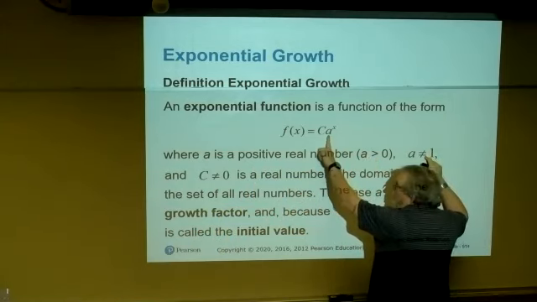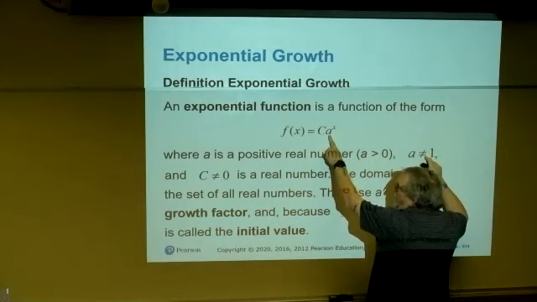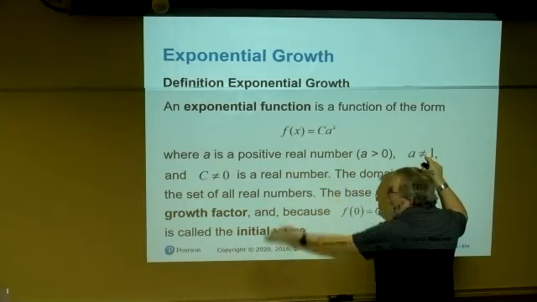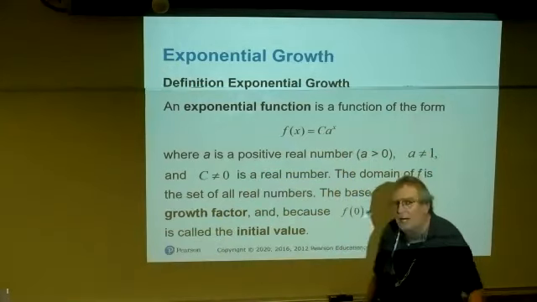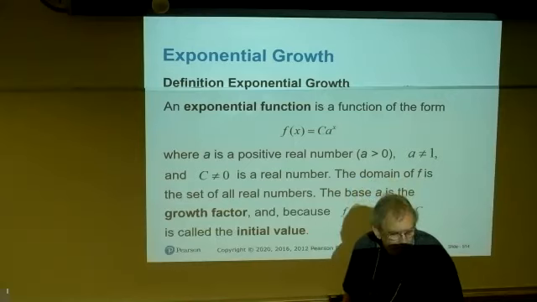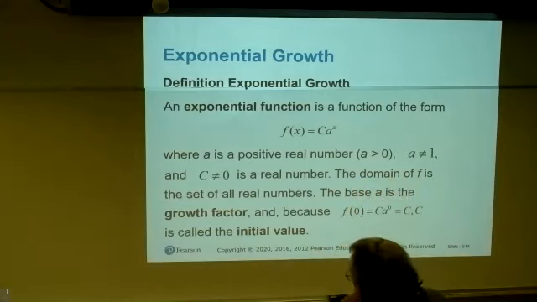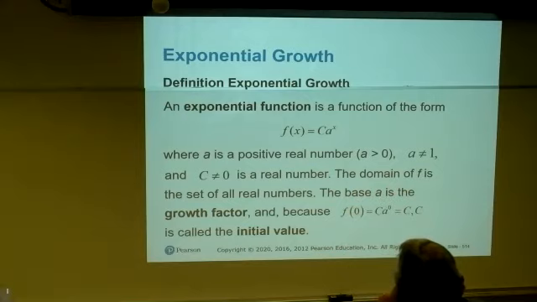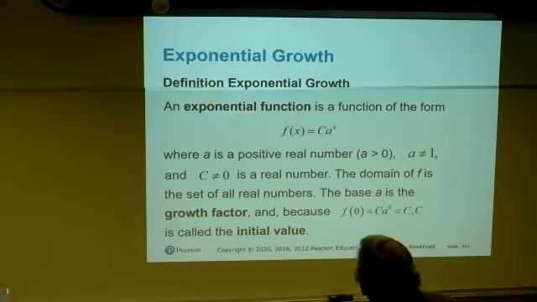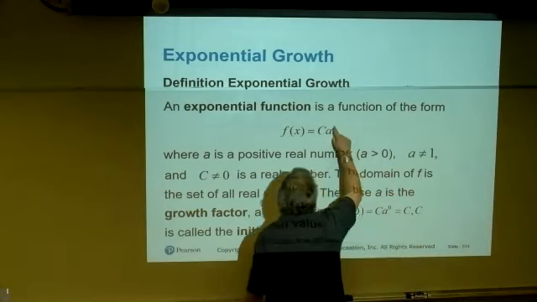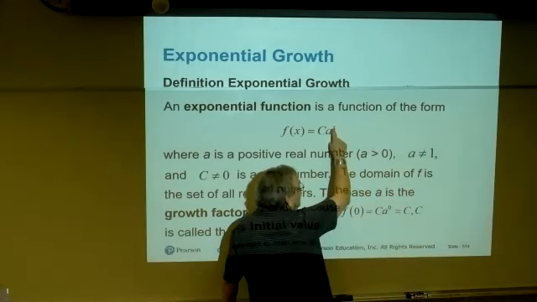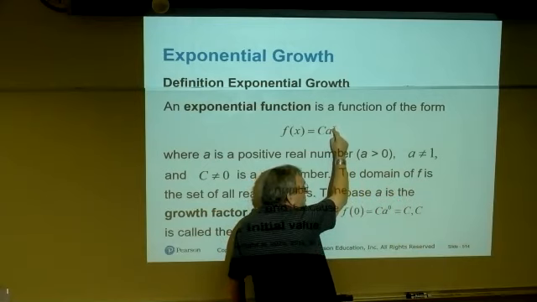Because if I just put 1 here, then 1 to the x power is just 1, and 1 times c is c, so that just makes it a constant function, not an exponential function. The domain of f is the set of all real numbers, so I can use any number here. I can use 0. I can use 235,000.